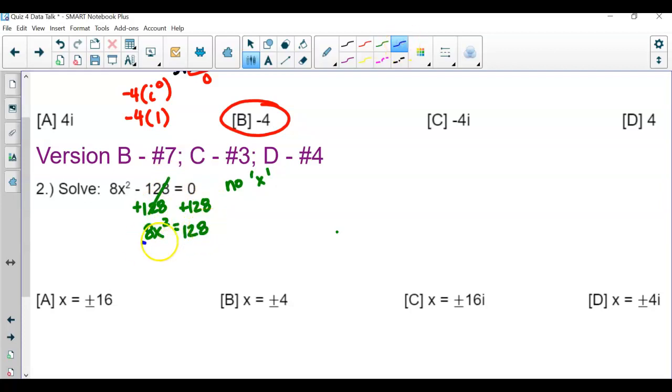Notice how you're still multiplying x by 8, so then you have to divide by 8. x squared is now equal to, I believe that is 16. Then now I need to take the square root of 16. And the square root of 16 is positive or negative 4. No need for i because it's just the square root of 16. So that's why here you get the answer of B.